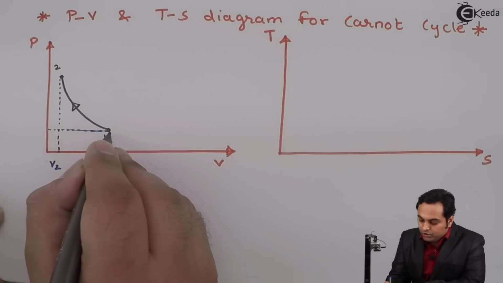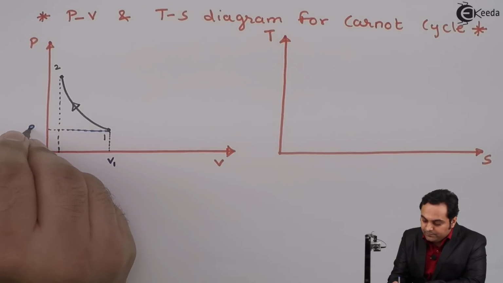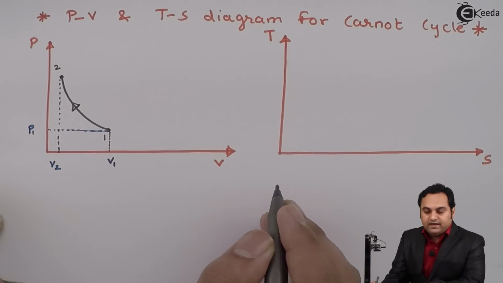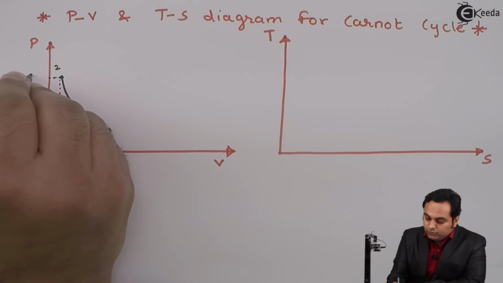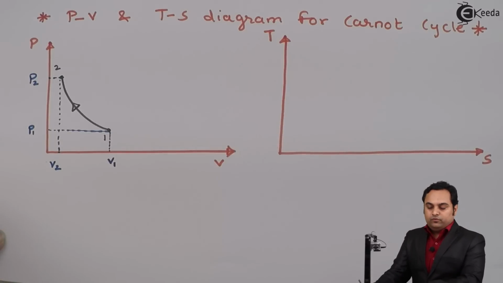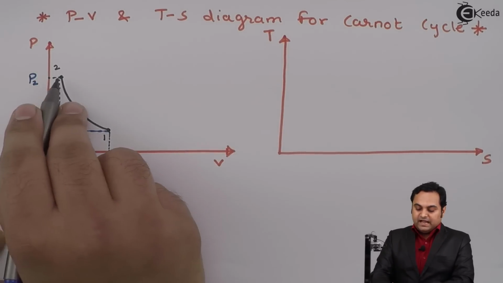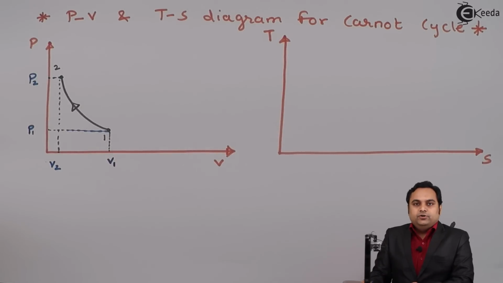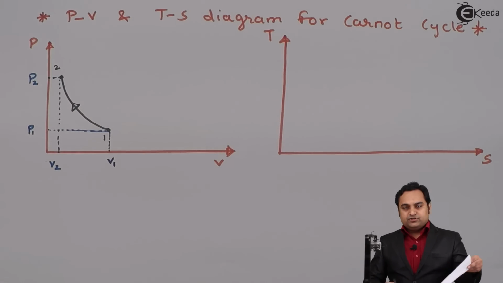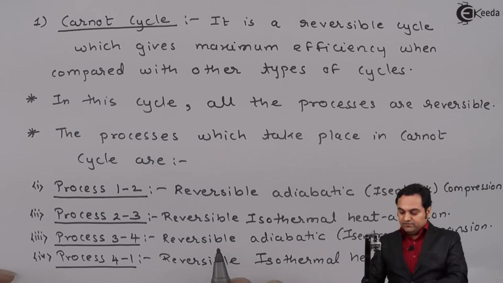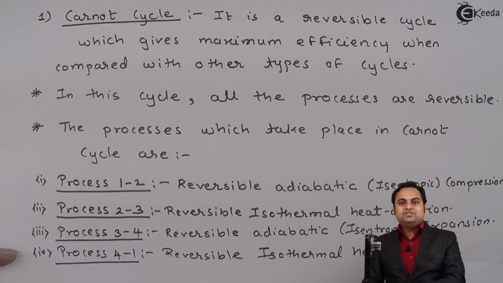So its volume decreases and pressure increases, as we see here. Initially the pressure was P1, and after compression the pressure has gone up to P2. So volume decreases and pressure increases during the compression process. Now the second process is reversible isothermal heat addition.